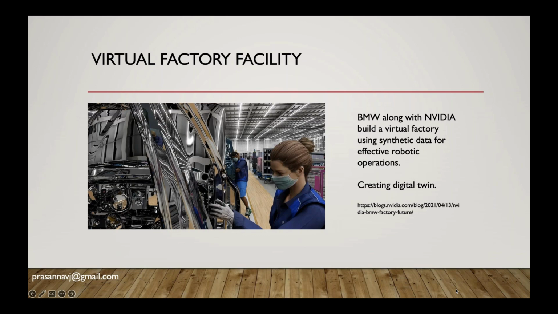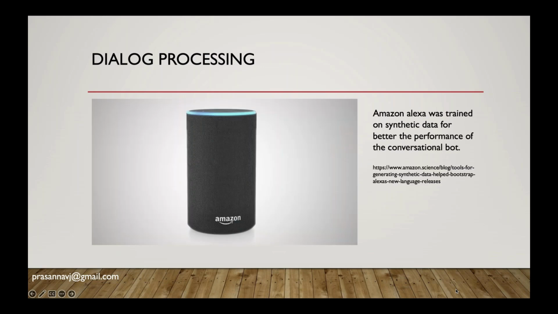This was done using Nvidia's platform, the Isaac Sim that we were talking about. And Amazon Alexa has openly said that during the initial times they did not have data sets available. They used synthetic data for the complete end-to-end process, and that is how they were able to make Alexa what it is now.